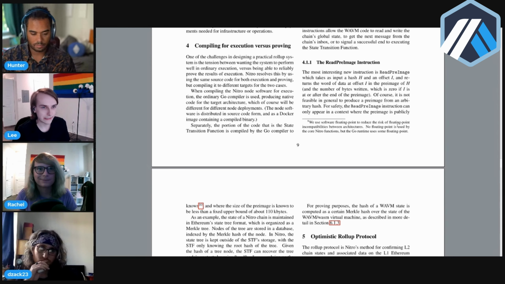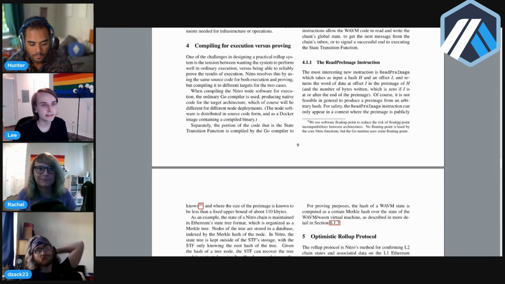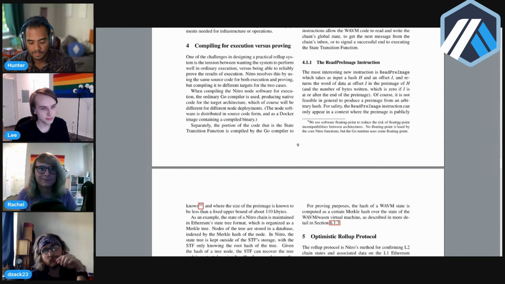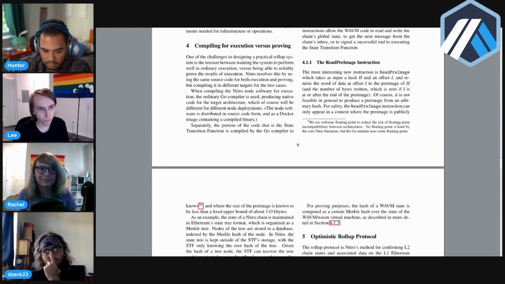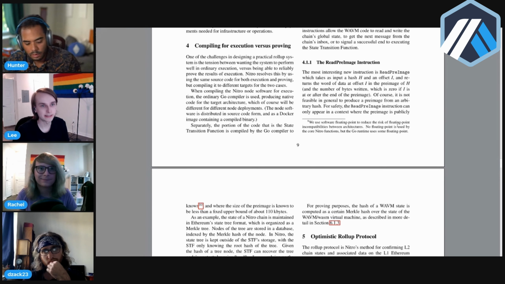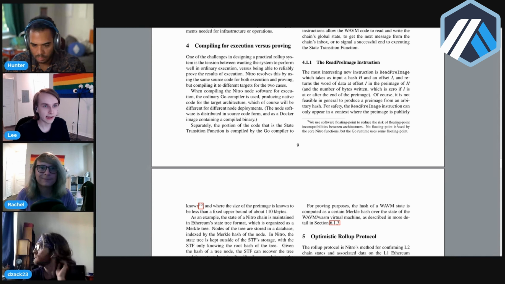And how we actually get state out of a block hash is we use this read preimage instruction. Now, normally, you can't find which input made a hash. This is thought to be computationally infeasible, basically. And what that means is that under normal circumstances, if I give you a hash, you can't tell me what input I used to create that hash.